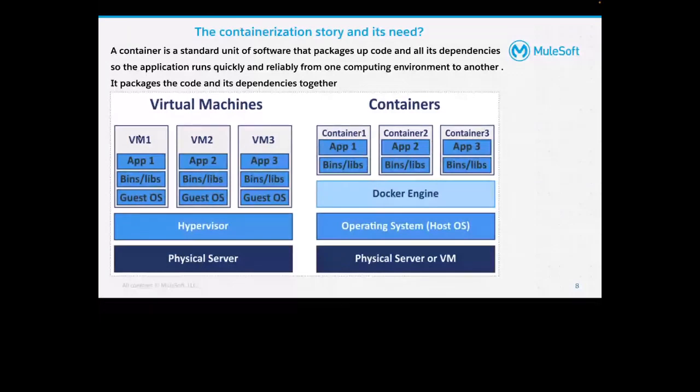Each of those instances will have a guest OS packaged again. An additional guest OS is required with the binaries and application, of course, and then you again have this VM guest OS on top of it. So basically, it becomes very bulky with virtual machines.